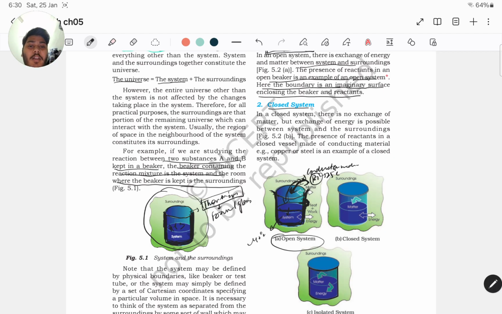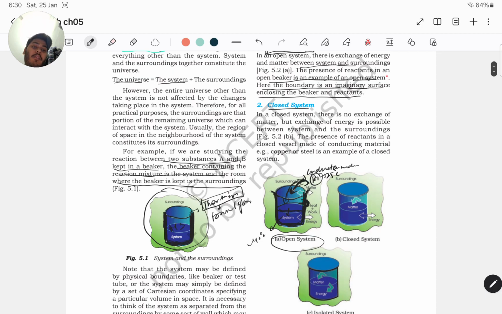In a closed system there is no exchange of matter, but energy can be exchanged. First we have seen the open system. In an open system we can easily add or remove the reactant part, because that is open.